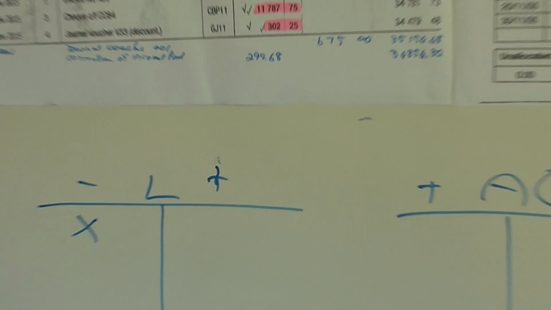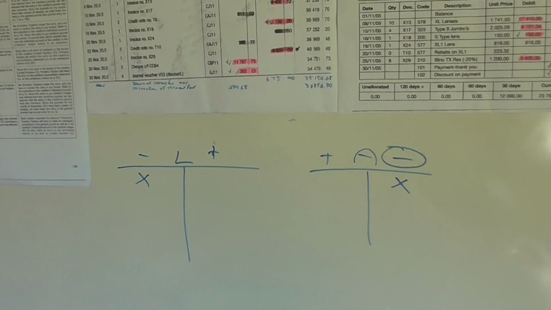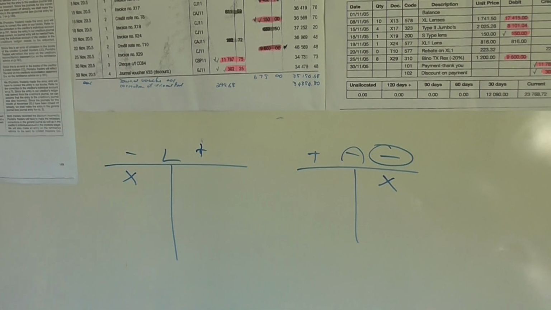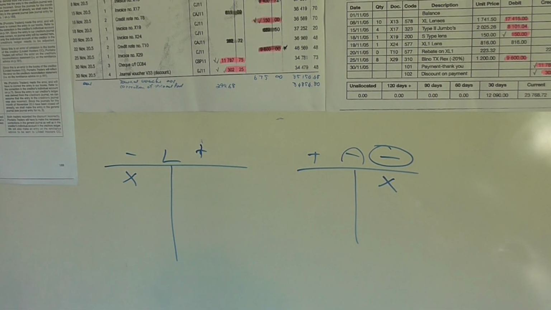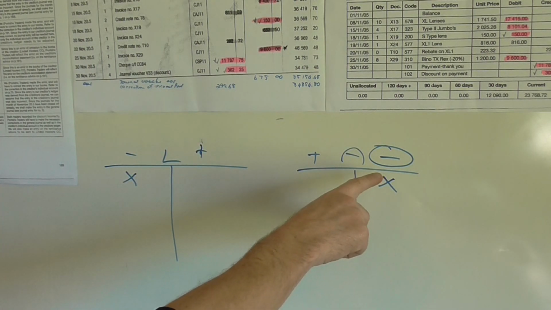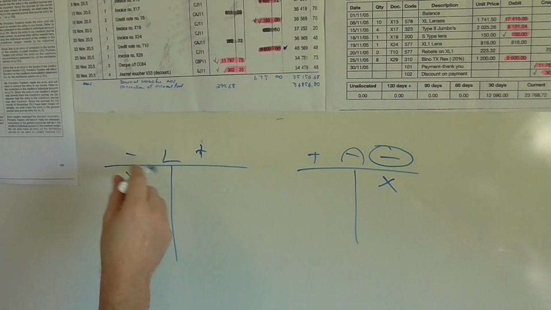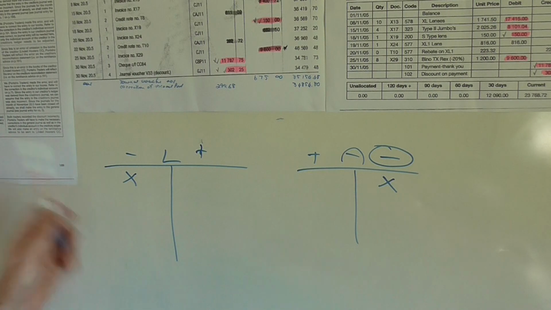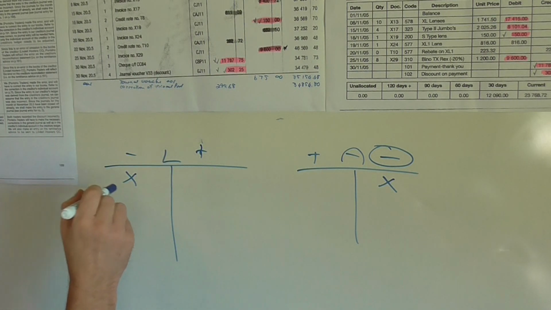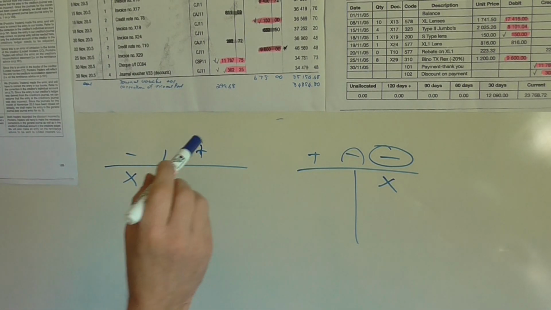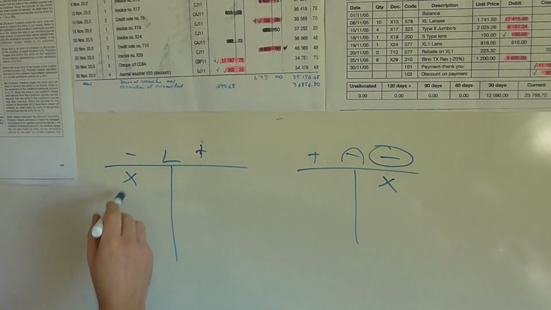So when you read it into the reconciliation statement, you need to remember, oh, sorry, I did not bring the camera down for you to see. All right, let me re-explain that to you. So remember, they are a liability to you. So the moment you get a credit note, remember, a credit note gets debited, but because you are an asset to them, remember, there must be a debit and a credit.